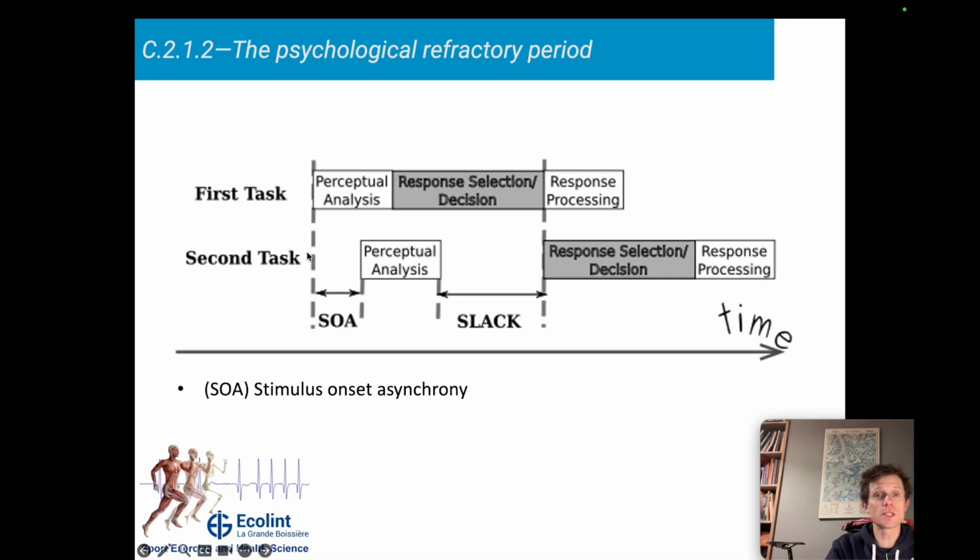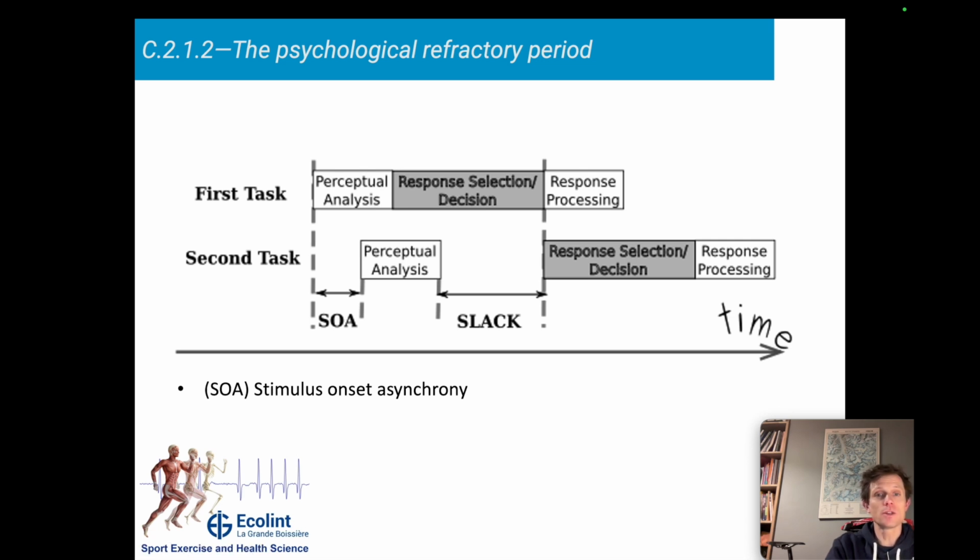If during this time the second stimulus is presented, so slight delay behind the first stimulus, we then can start perceiving the presence of a second stimulus. However, we can't move on to the response selection phase until we've finished selecting the response to the first stimulus. This is what we call the slack phase or the psychological refractory period.